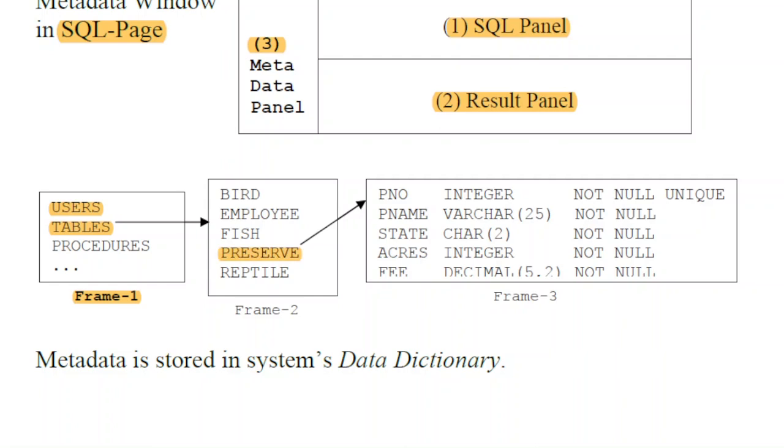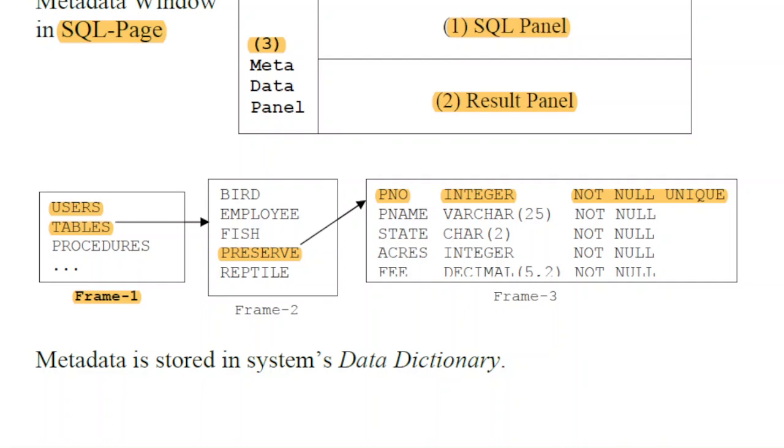You know, I kind of forgot the data types of these columns, so I'm going to click on preserve. And there's the P&O column, integer data type. It's not null like all the other columns, but the P&O column is the unique column, and it's the only unique column. And the other data, which you can see, pretty much reflects the code that was placed into the create table statement.